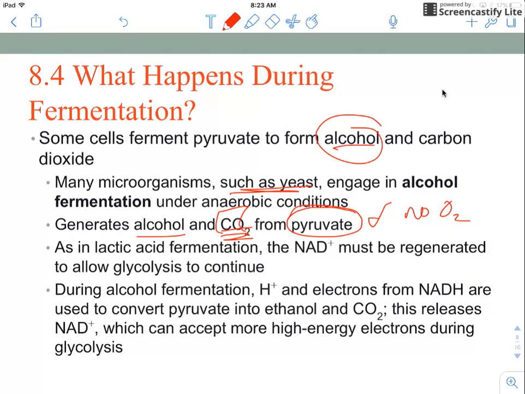At the end of the day, electrons from NADH are used as the energy to power the conversion of pyruvate into ethanol, which is ethyl alcohol, and carbon dioxide. This regenerates NAD+, which can feed back into glycolysis and keep it running.